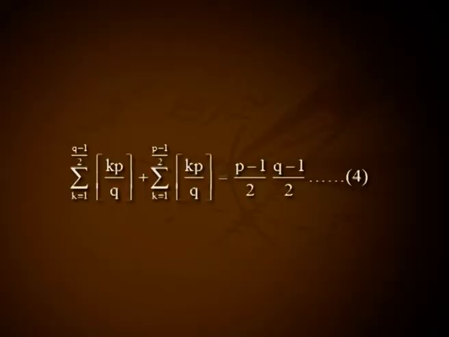To complete the proof, we must show the sum over k = 1 to (q−1)/2 of floor(kp/q) plus the sum over k = 1 to (p−1)/2 of floor(kq/p) is equal to (p−1)/2 times (q−1)/2. Equation number 4.